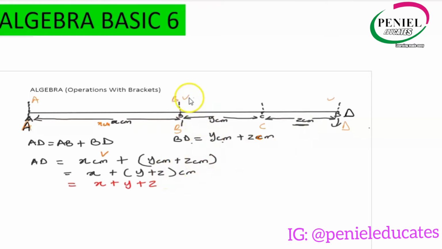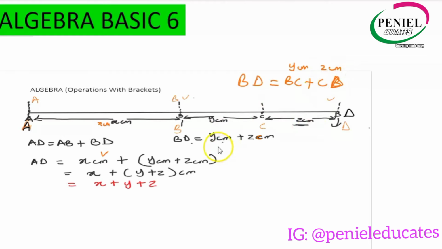Don't forget that this line BD is actually BC plus CD. BC is Y centimeter, and CD is Z centimeter.